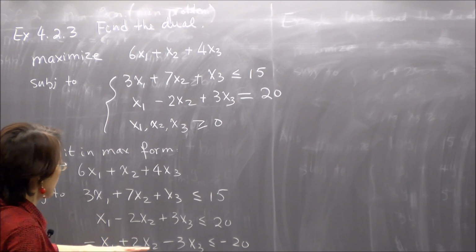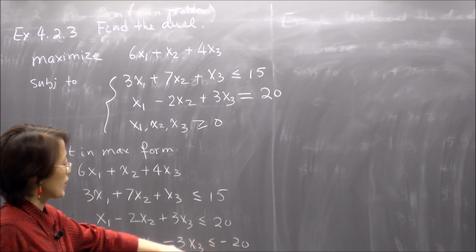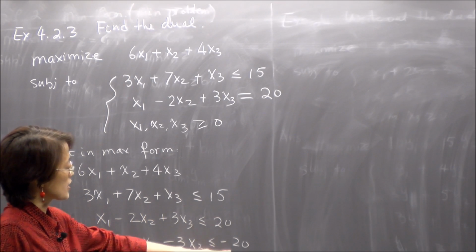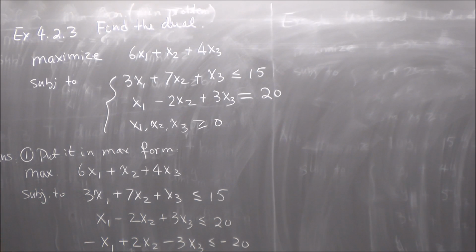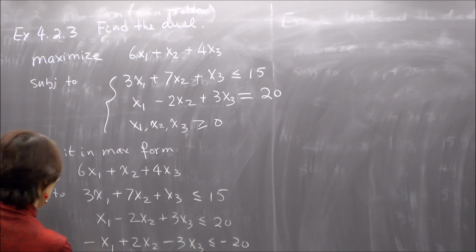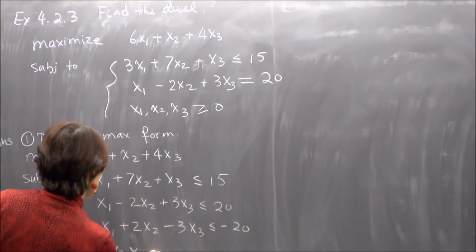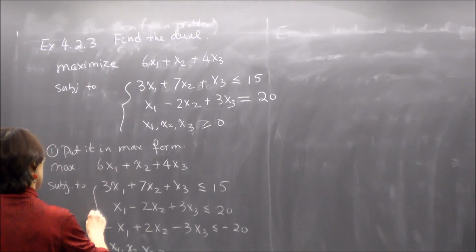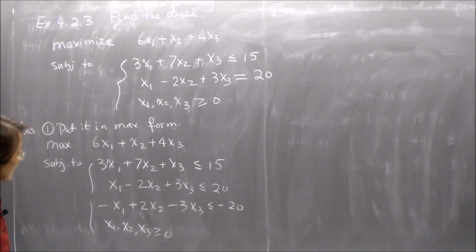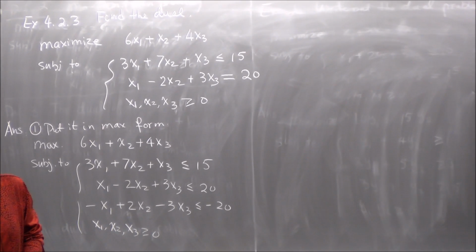If I write here A bigger than B, then I have negative A less than negative B. All right? Is that okay? Just a silly trick. Okay, and I have X1, X2, X3 bigger than 0. Now it's in max form. Is that right?